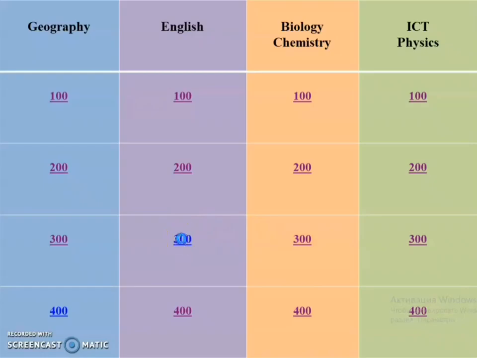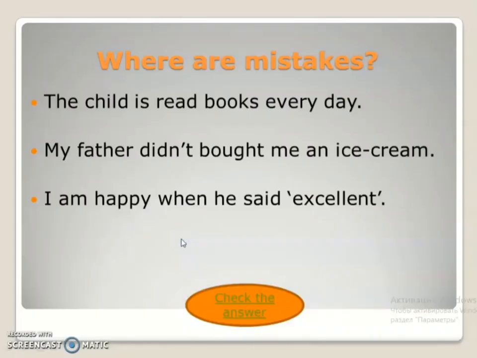English 300. Where are mistakes? The child is read books every day. My father didn't bought me an ice cream. I'm happy when he said excellent. Find mistakes.